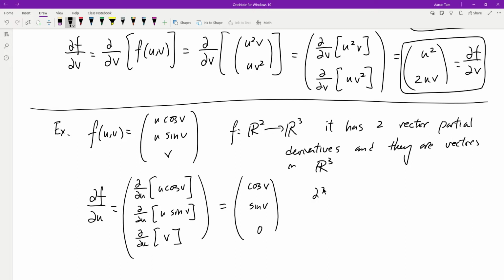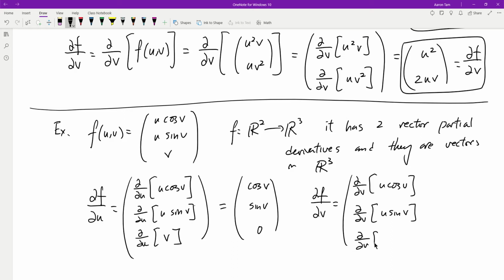Now we can definitely do df over dv. So if you do that, you basically differentiate with respect to v of (u cosine v, u sine v, v).